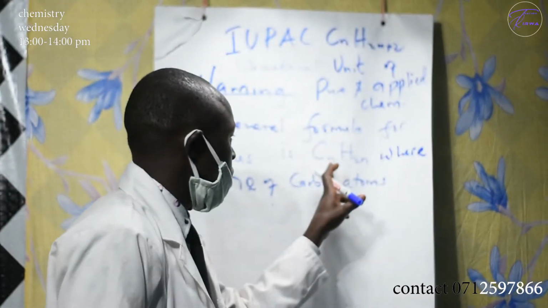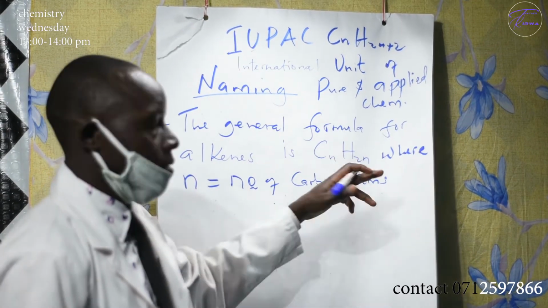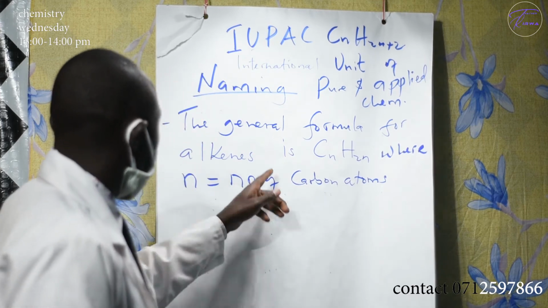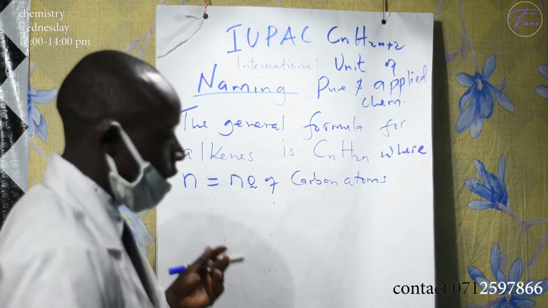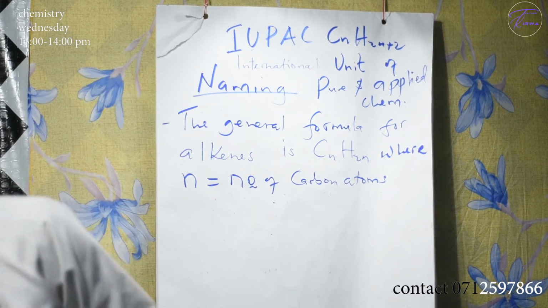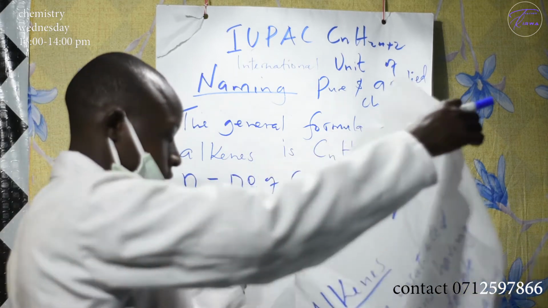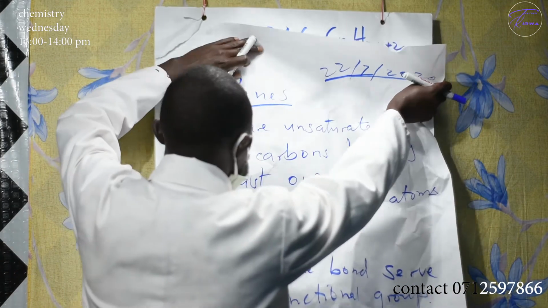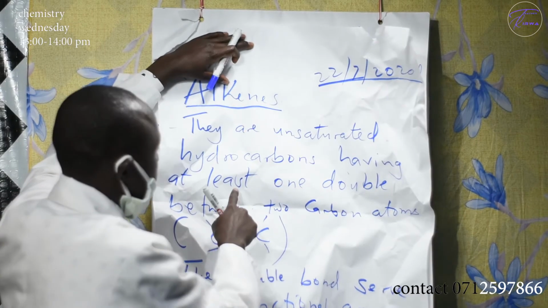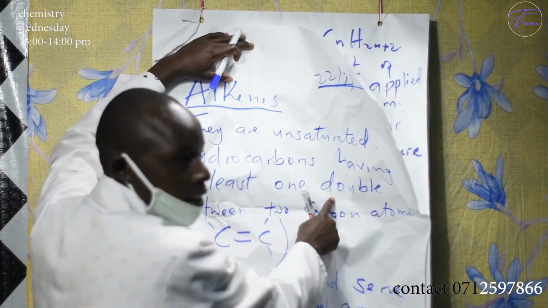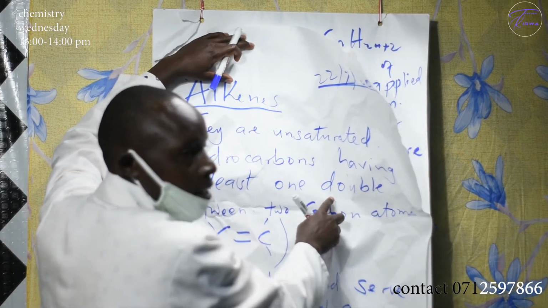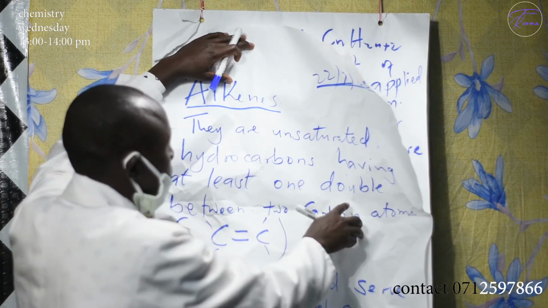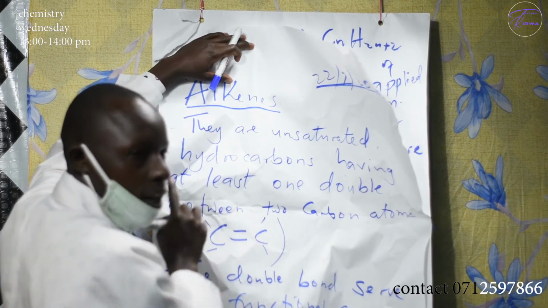So if n is equal to 1, then we know. Now, let us revisit something that we have said. In our introductory part, we said they have at least one double bond between carbon atoms.